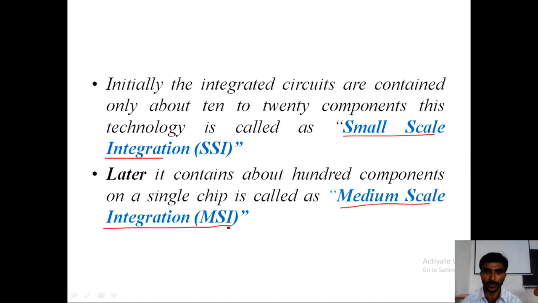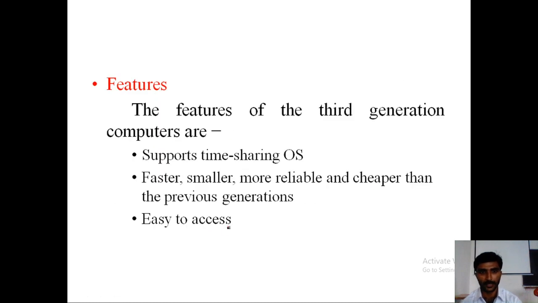So these are the two important things in the third generation: one is small scale integration, one is medium scale integration. What are the features? Compared to the first and second generations, this is much faster and smaller, because in one chip we can place more than 100 components.